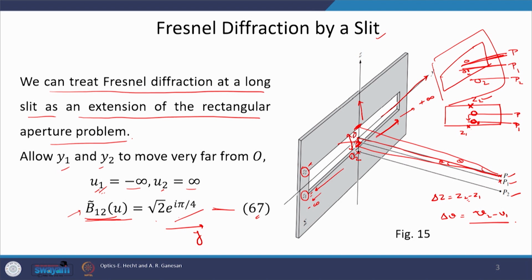From O2 this edge is positive, but more positive, while the lower edge is also positive, because the origin has shifted even further down. The origin is here and the slit is like this. Therefore, both edges of the slit are now positive.